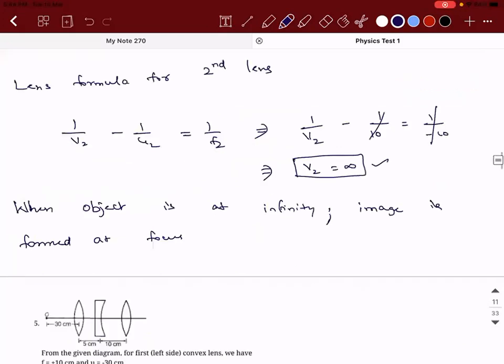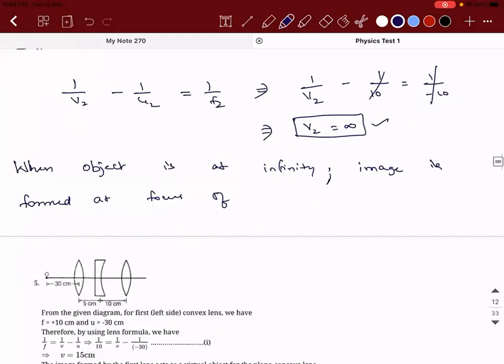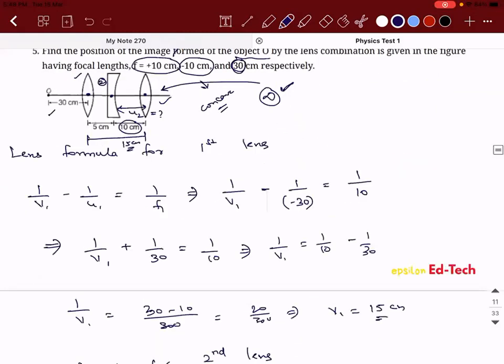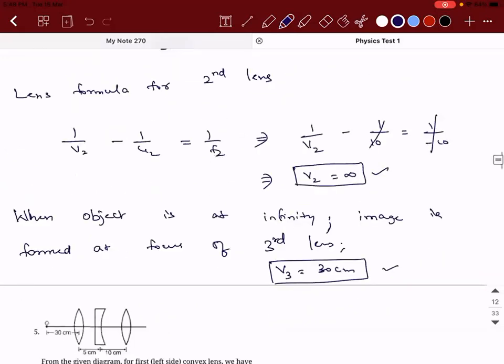So the image distance V3 is equal to 30 centimeters. You should not write the answer as just 30 centimeter in V. You need to write 30 centimeters from the optical center of the third lens.